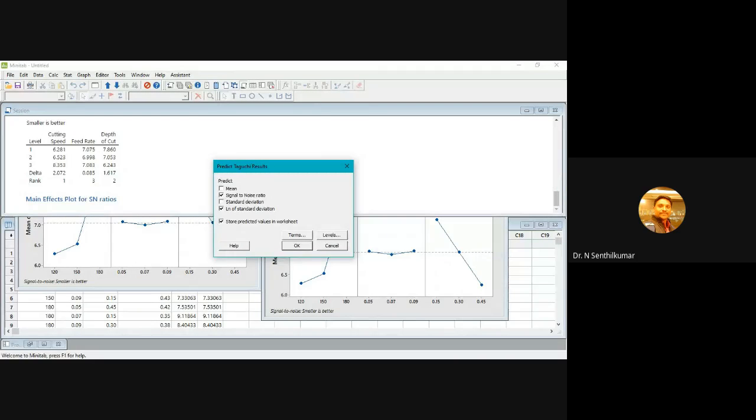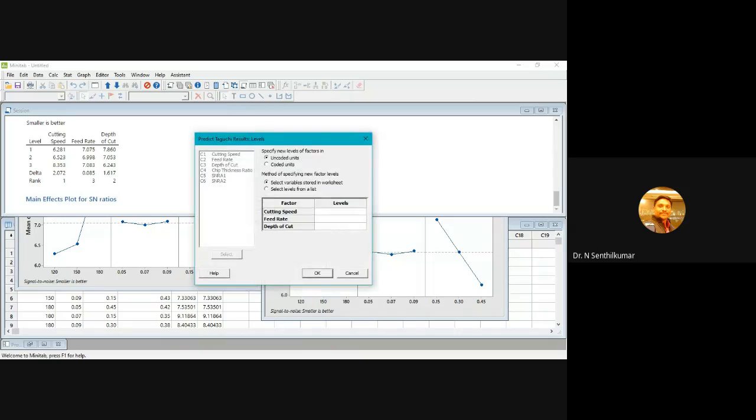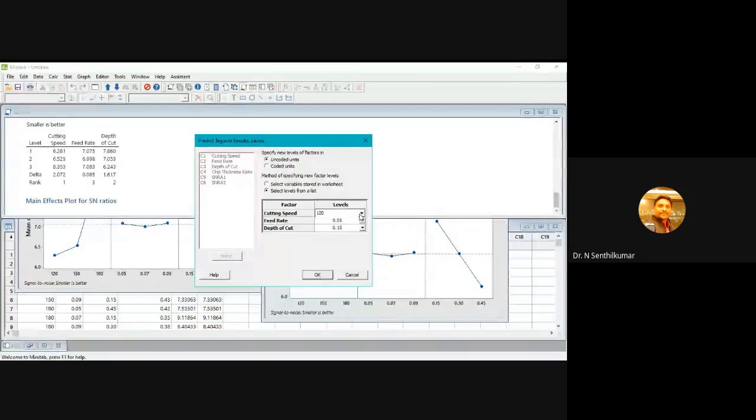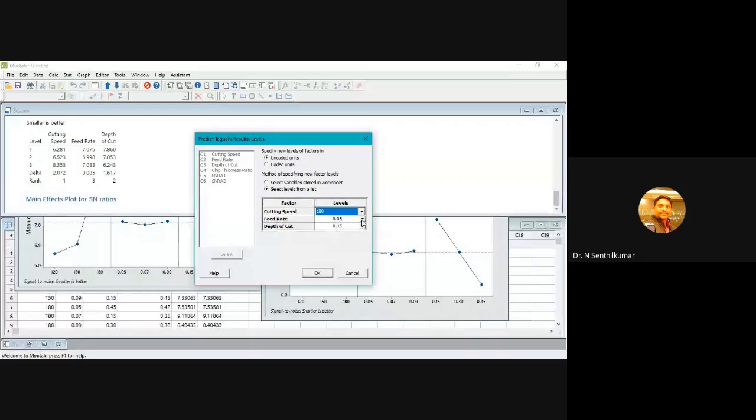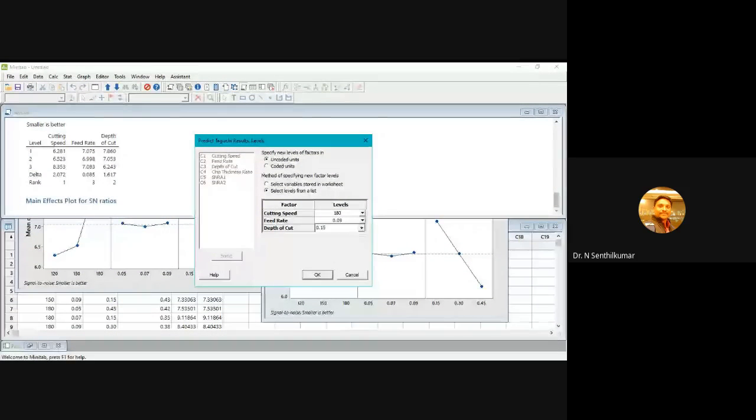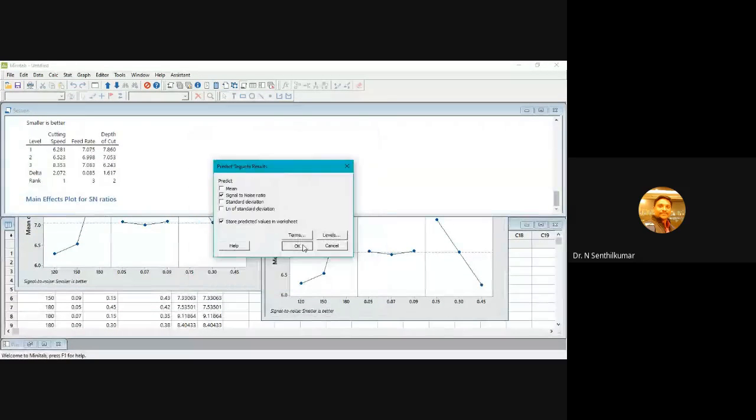I am going to predict only the signal to noise ratio, the same A, B, C terms, levels. So which level value? Select from the list. What is the level? It's the third level, no? Third level is 180. Feed rate, third level. Depth of cut, first level. Okay, okay.